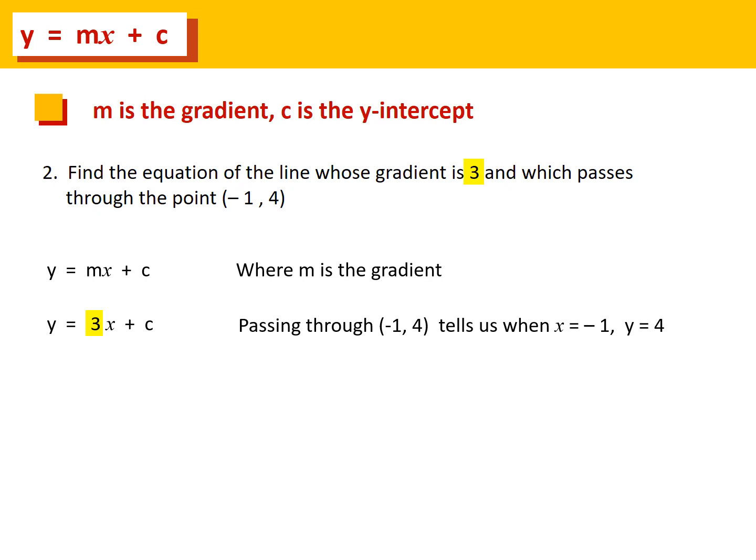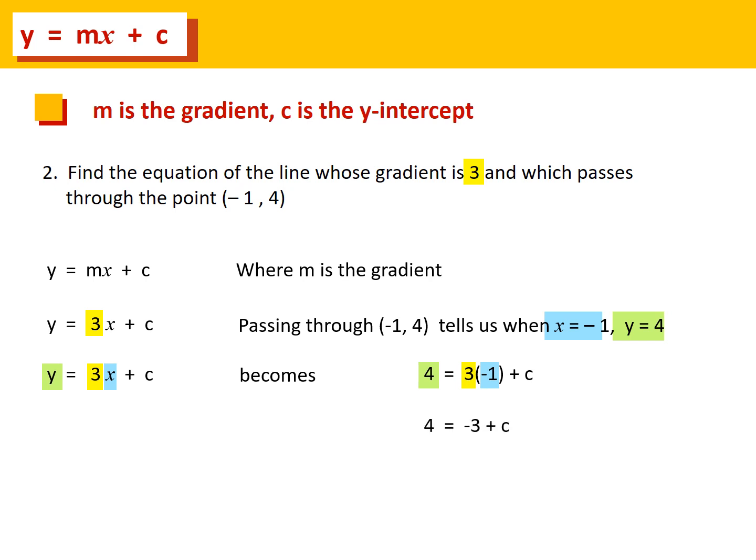So when x is -1, y is 4. So y equals 3x plus c, we can substitute y equals 4 and x equals -1 into that equation. So that's y equals 4, the green part. The blue part is saying x is -1, and that will enable us to find c.